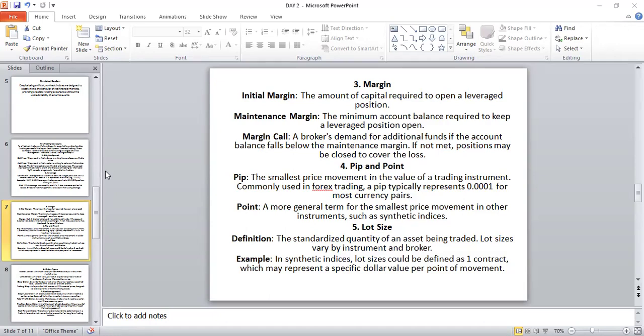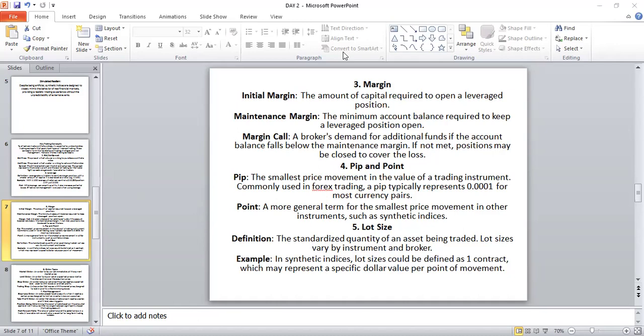The basic formula is: pips or points times lot size equals what? Risk management. Are you with me? Pips or points times lot size equals risk management.